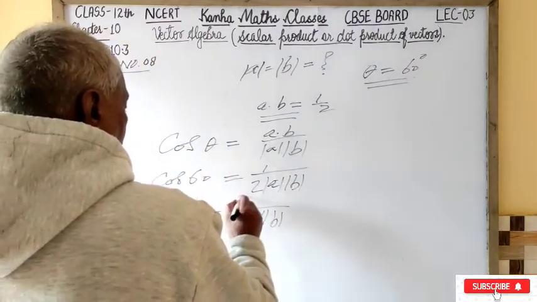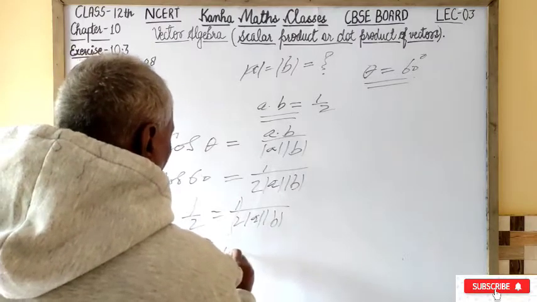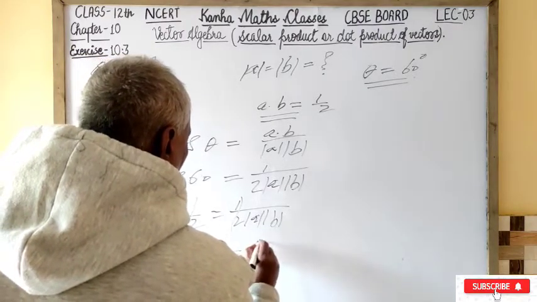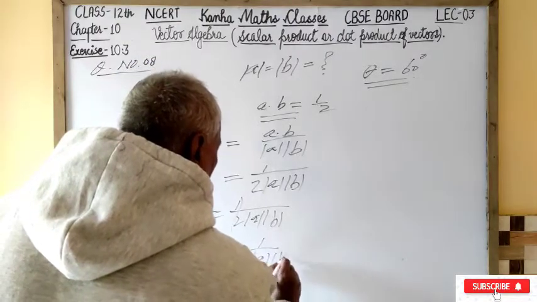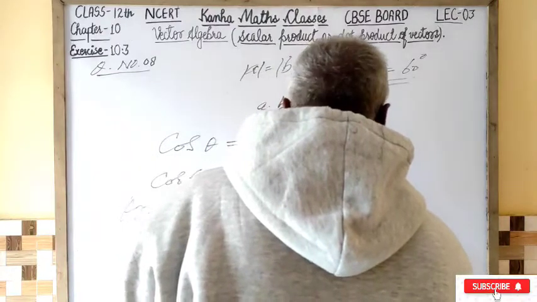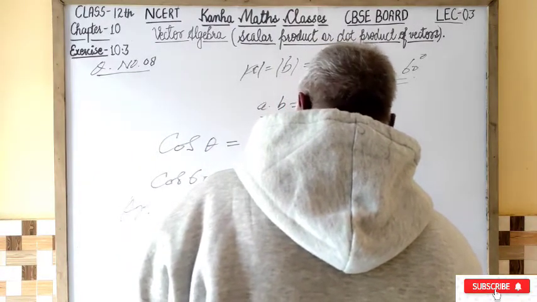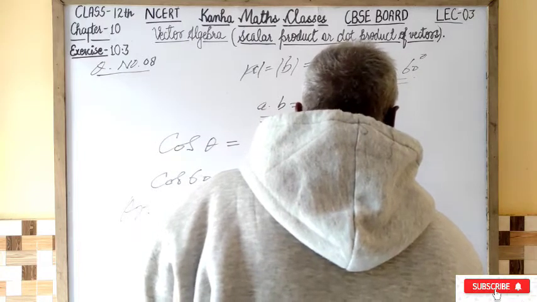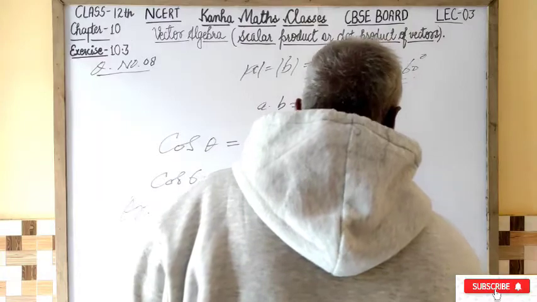1 by 2 cancel each other, or 1 is equal to 1 by mod of A mod of B, or mod of A into mod of B is equal to 1.